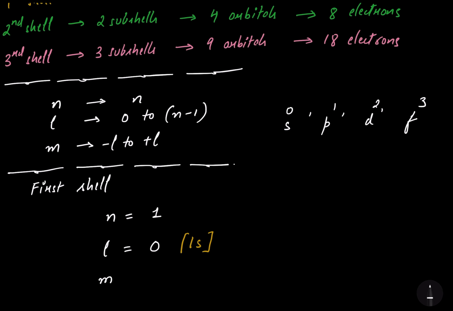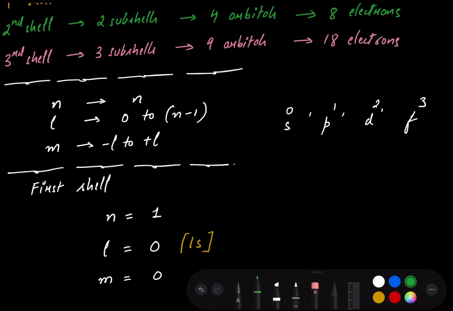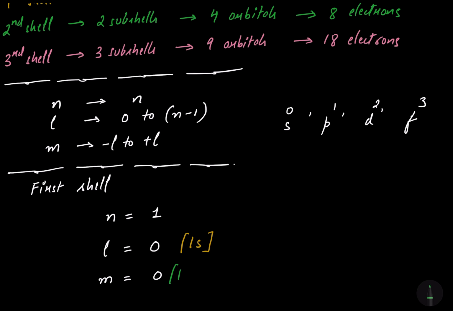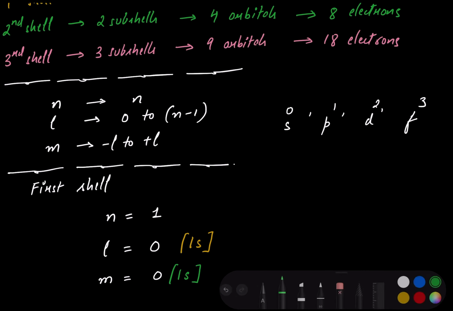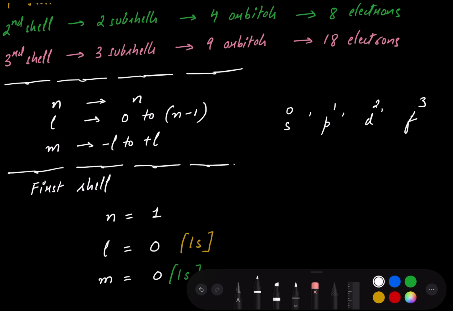Now m stands for only 0, it again comes out to be only 1s, because m is only 0, the only one value, the only one orbital, so you can also name that orbital as 1s.